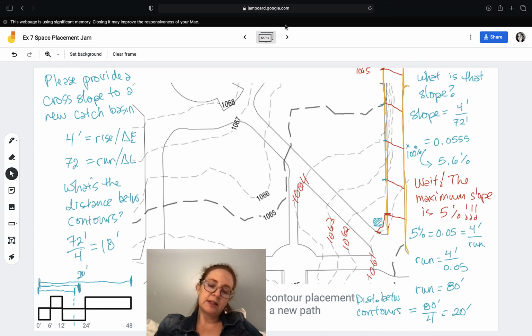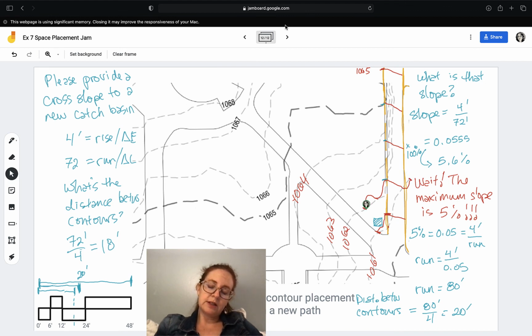So for 1062, just as a reminder, the signature for a swale is for it to loop up like the letter N towards the uphill side. So I want a little swale that has its center line lead directly to that catch basin. So I've done that, and then I can come back here, tie there, and let's just assume this ties in somewhere right there.